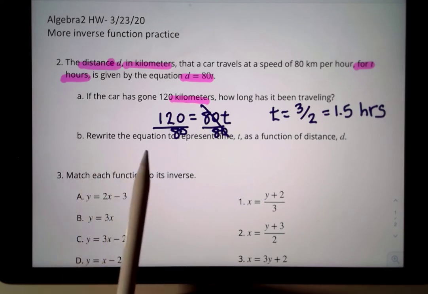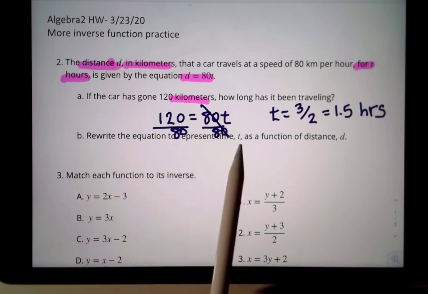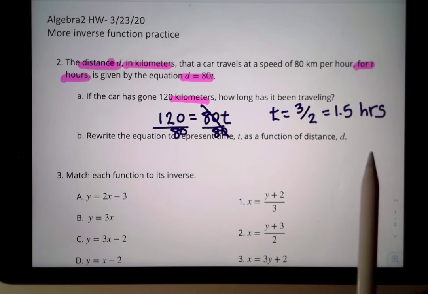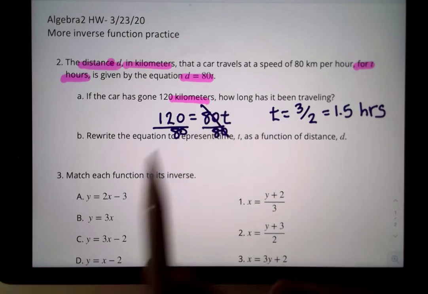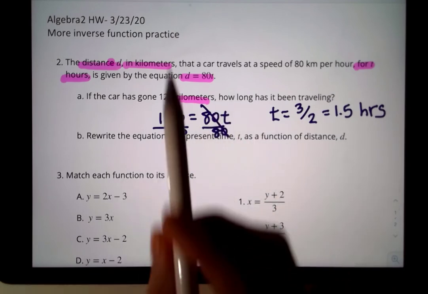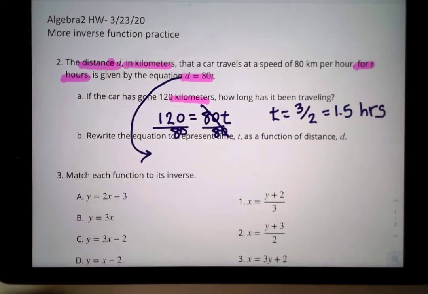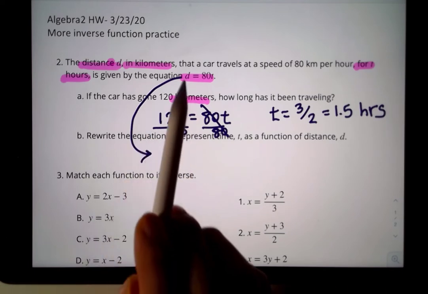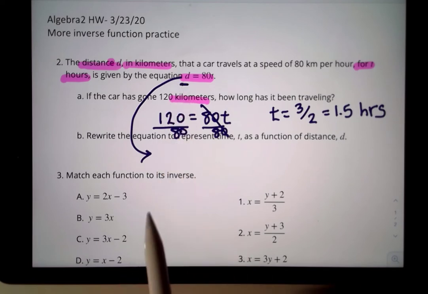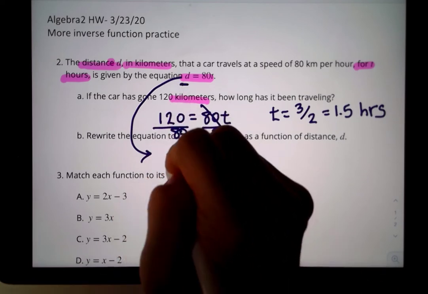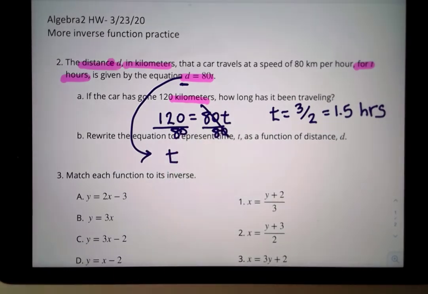And rewrite the equation to represent the time T as a function of distance D. So that's just asking you to find the inverse of that. So for the word problem, I told you we do not switch the variable. Just keep it. But in this one, you isolated D, and now, to get the inverse, I isolate T. Alright?